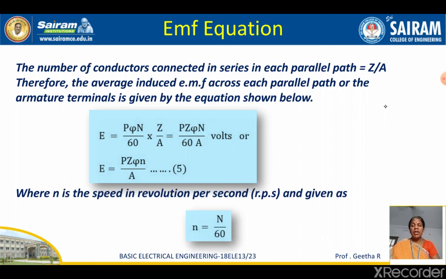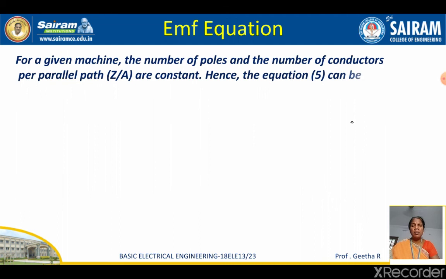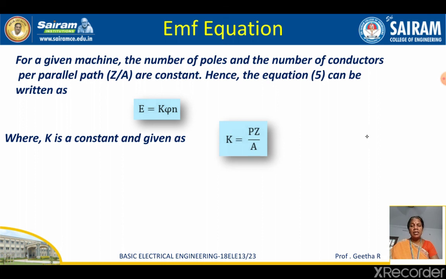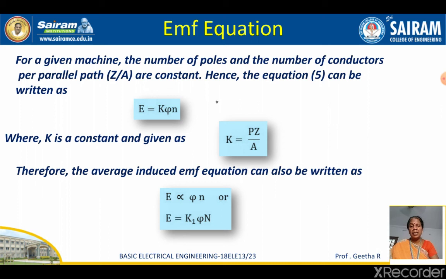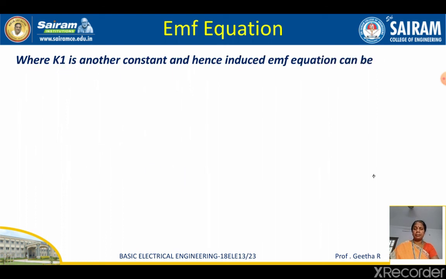When N is the speed of revolution per second, N can be substituted as N by 60. For the given machine, the number of poles and the number of conductors per parallel path, Z by A, are constant. Hence the equation can be written as E is equal to K phi N, where K is a constant given as K equals PZ by A. When all these are constant, they are replaced with the constant K. Therefore, the average induced EMF can also be written as E proportional to phi N, or K1 phi N, where K1 is another constant.